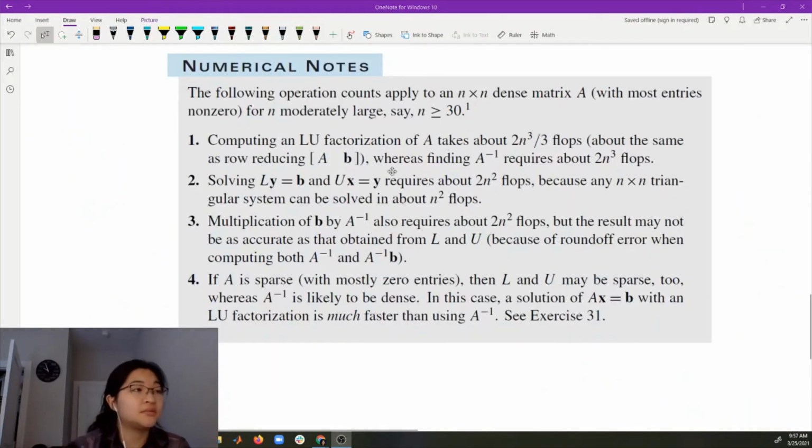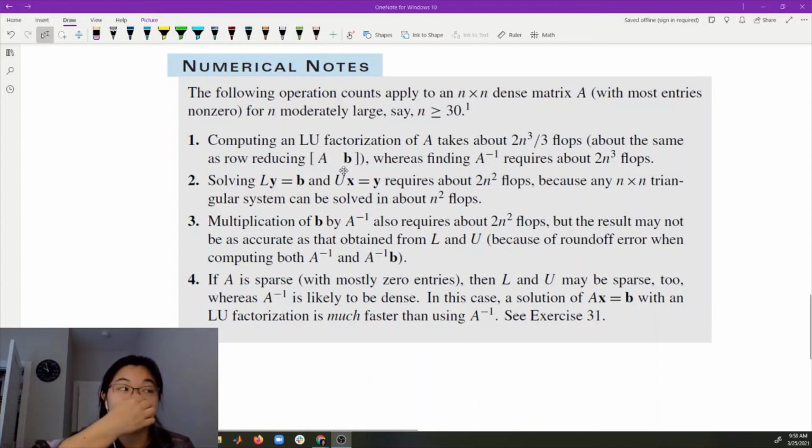And then finally, we have some numerical notes. If we're working with a pretty big matrix, bigger than 30 by 30, because our examples were small, like 4 by 4, and a dense matrix, so it's mostly non-zero, as opposed to sparse, which is mostly zeros, then thinking about how many operations we need, LU factorization takes 2n cubed over 3 flops, which is about the same as row reduction.